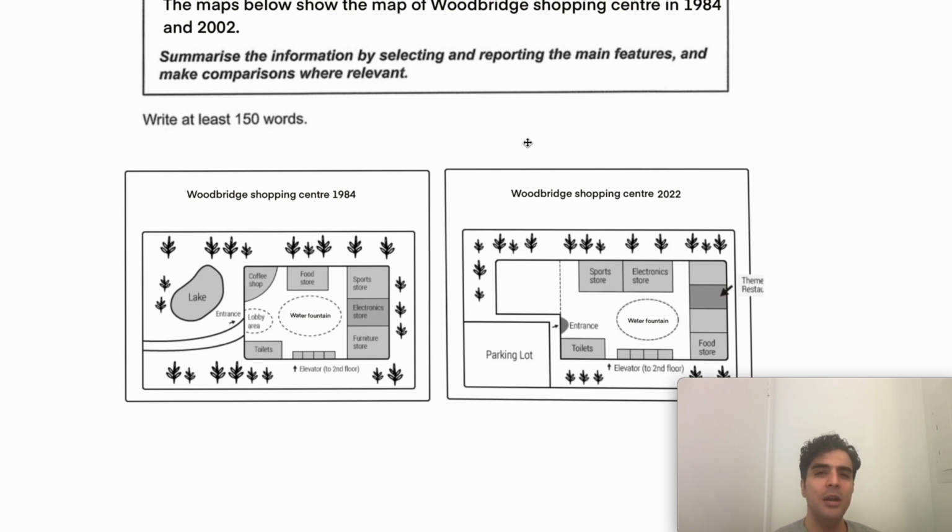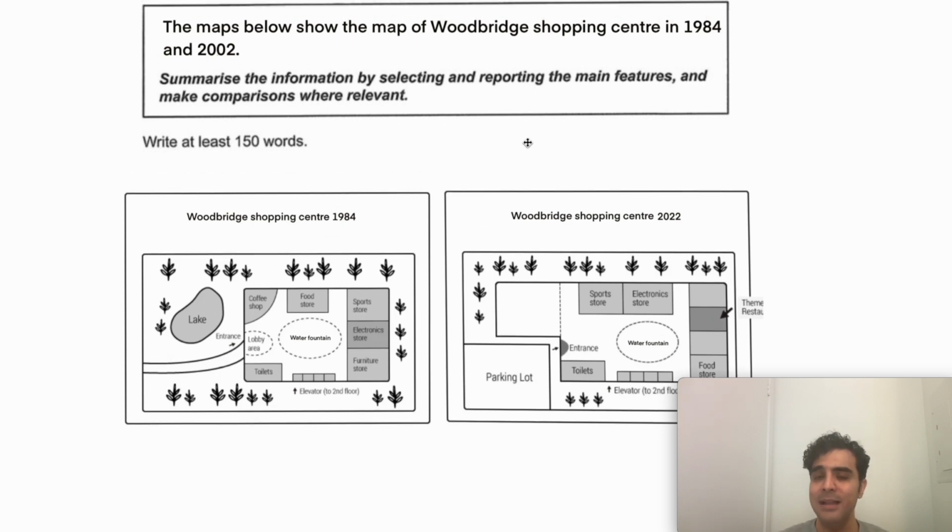Summarizing a flowchart or a map, qualitative data, isn't really that difficult. It's not that complicated. In fact, many students have a problem reaching the word count when it comes to qualitative reports, and they struggle with reaching the 150 word count. Very rarely do we have instances where it's hard to mention everything in less than 200 words.